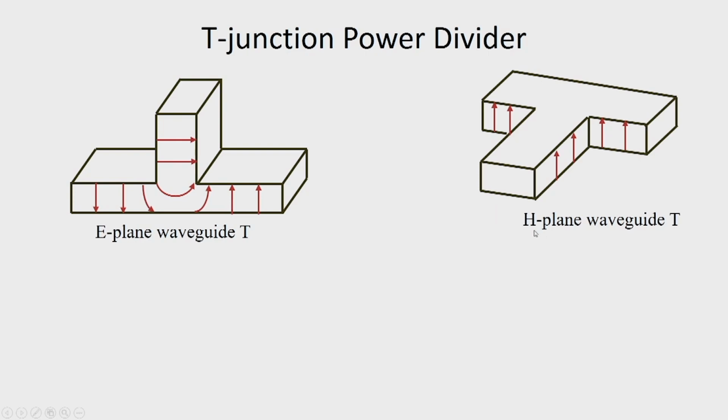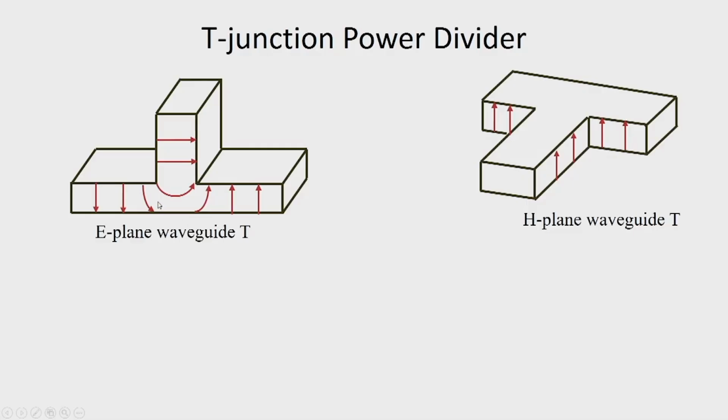So, we have an H-plane T, it also splits the power equally, but in the same phase, unlike E-plane waveguide T, where a phase shift of pi occurs.